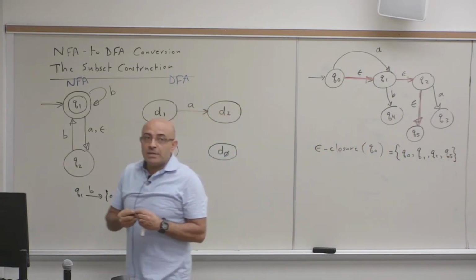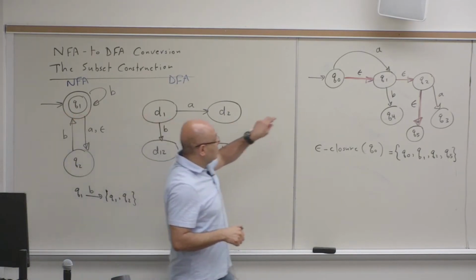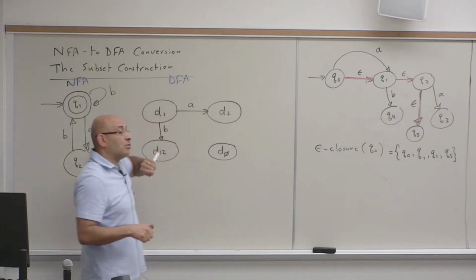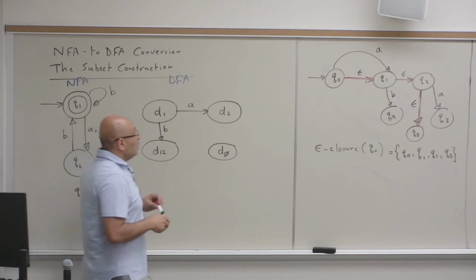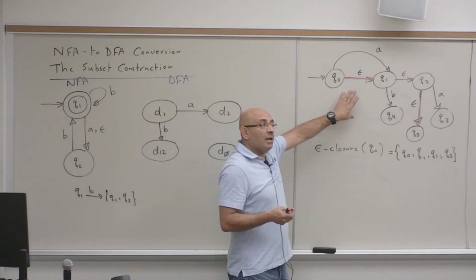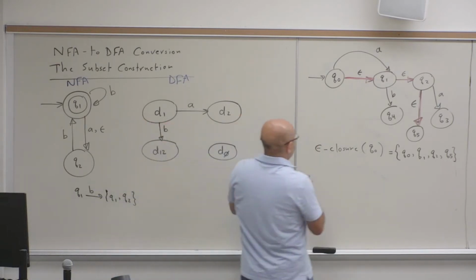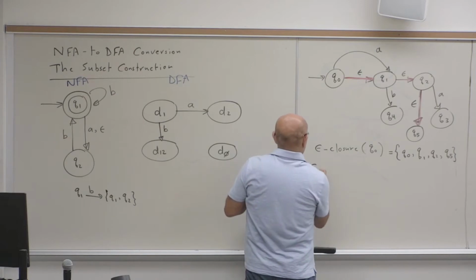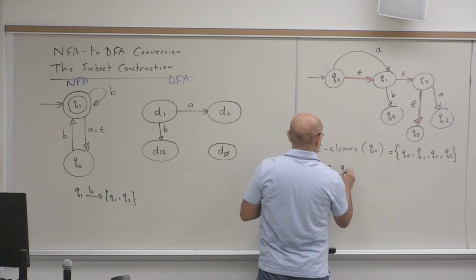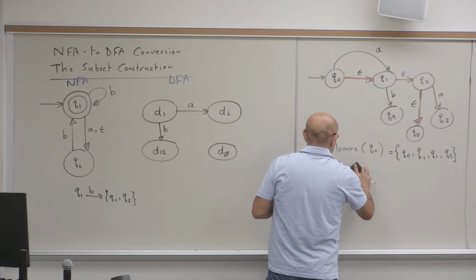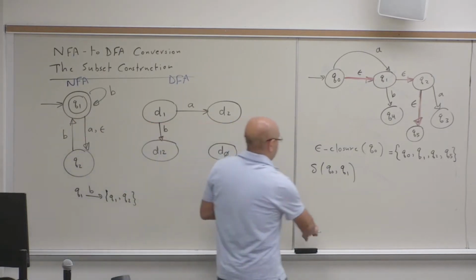So in doing this NFA to DFA conversion, whenever a transition takes you to a state, you want to make sure that you include the epsilon closure. So for example, in this case, what about delta of Q0 and A?